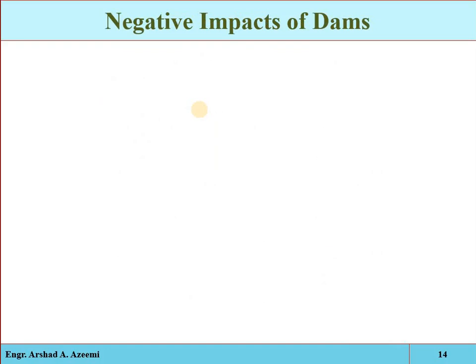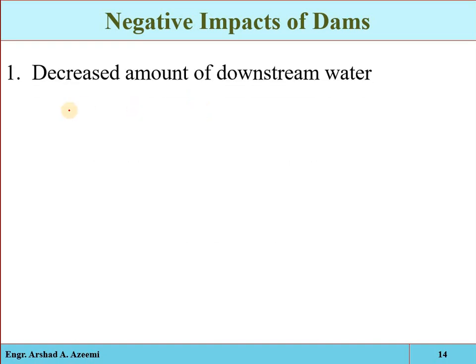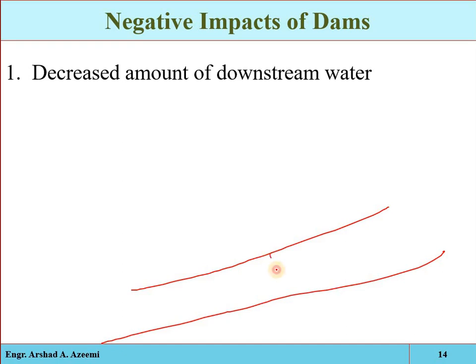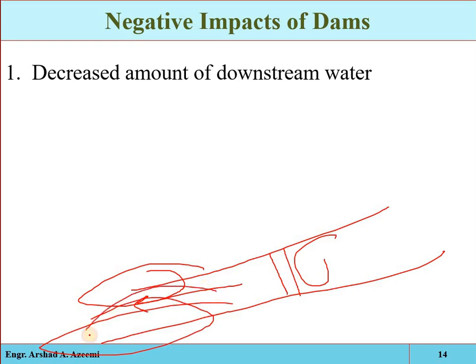Last one and most importantly, remember whenever we are constructing any type of dam structure, it will also have some limitations. It will also have some negative impacts on the locality. The main and major impact of the dam structure is the decreased amount of downstream water. For example, if we have a river and we construct a barrier at this point, the water will be stored here, and obviously there will be no flow at the downstream area, meaning no water will be available there.